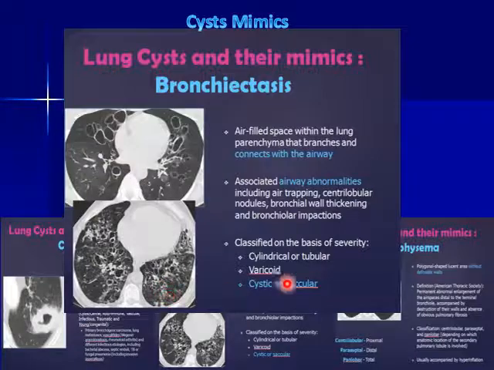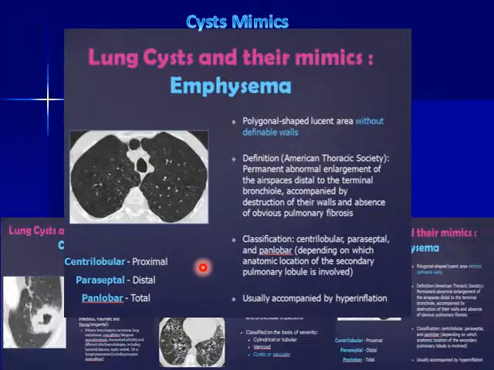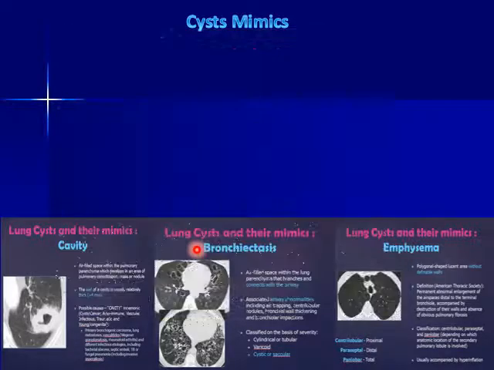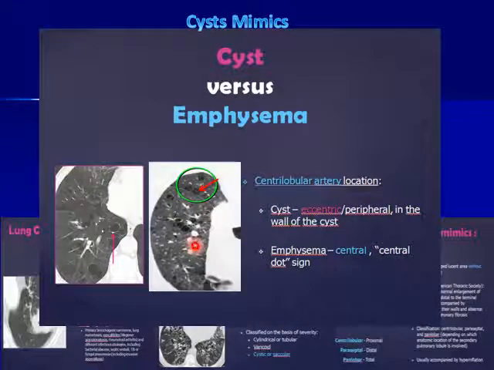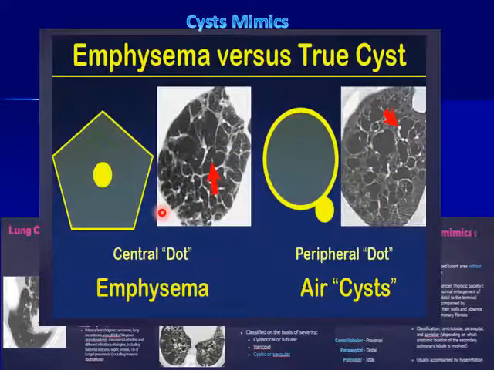I will describe it shortly. And the last thing is centrilobular emphysema, and as you see, we use the central dot sign like this to differentiate cyst from centrilobular emphysema. This is very clear. The dot is in the center, representing the arteriole. This is centrilobular emphysema, while the arteriole is at the periphery here in cases of cysts and bronchiectasis.